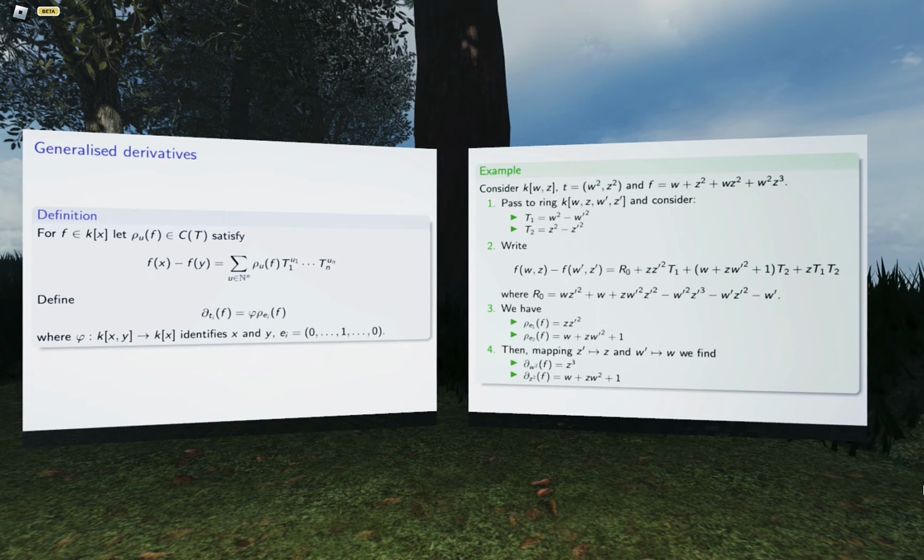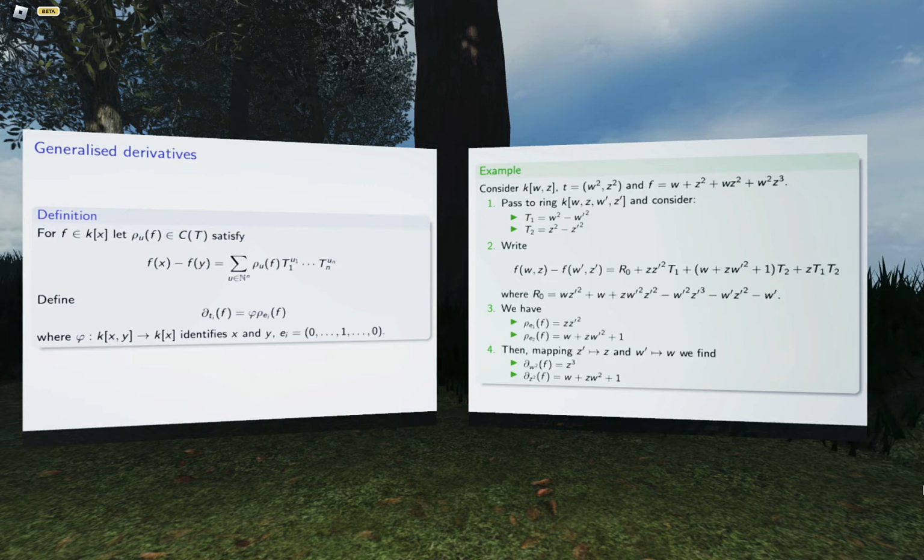So if we take a look at the lemma on the previous slide, every polynomial has unique polynomials Ru which satisfy that expression. And then taking capital F equal to little f of x minus f of y, we'll just let Ru of f denote that particular polynomial, which is guaranteed to exist uniquely by that lemma.